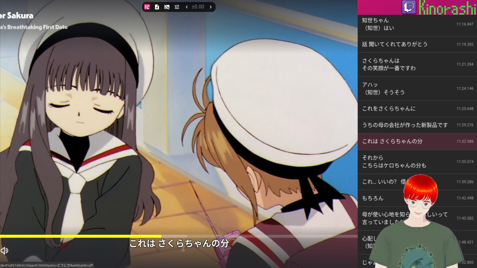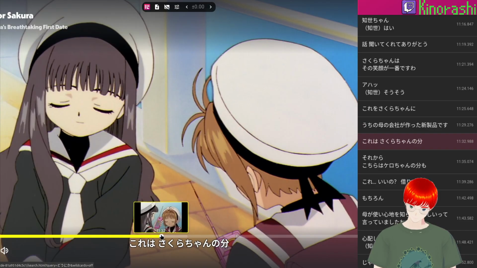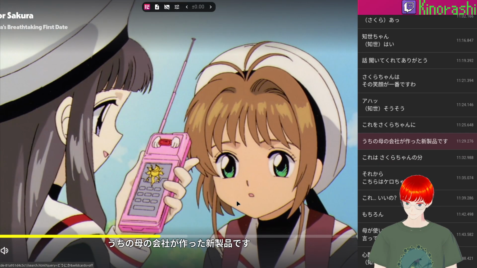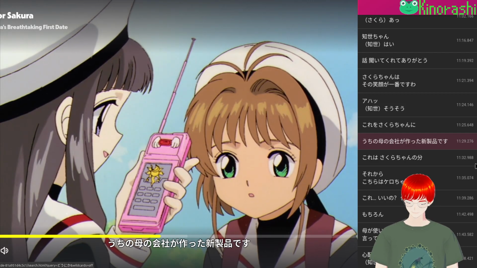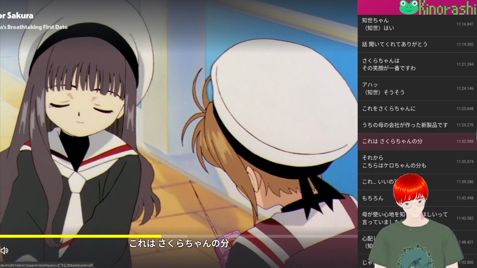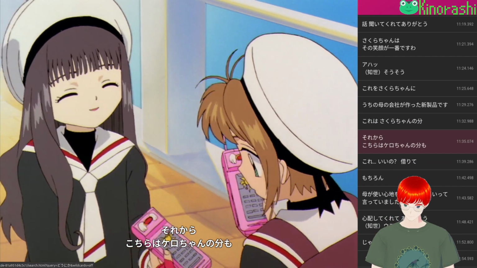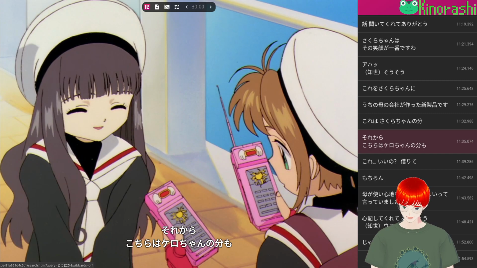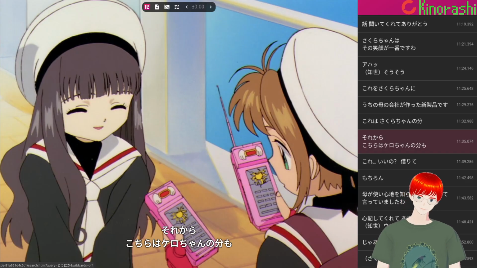So, これはさくらちゃんの分. So this is Sakura-chan's. This is for Sakura-chan. 作った新製品です。これはさくらちゃんの分。それからこちらはケロちゃんの分も。それから、それからこちらはキロちゃんの分も。So this is also for Kiro-chan.